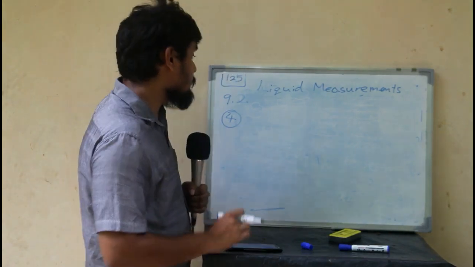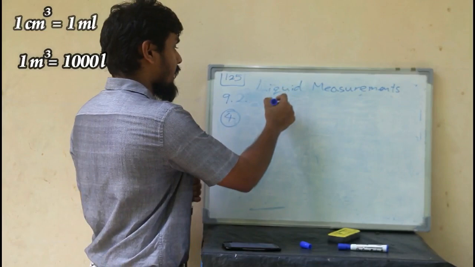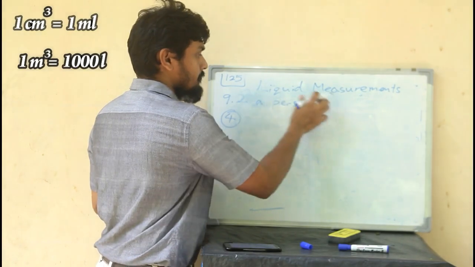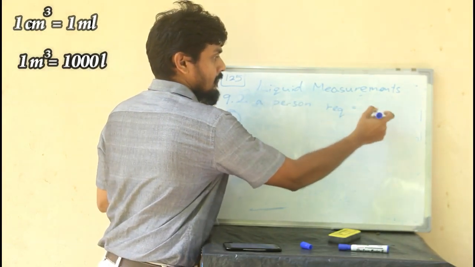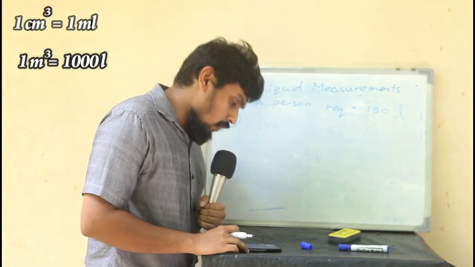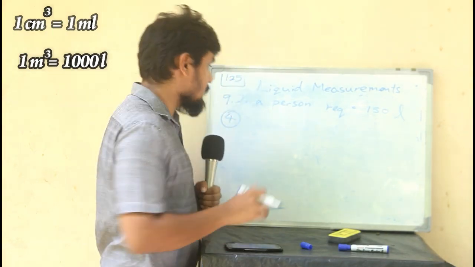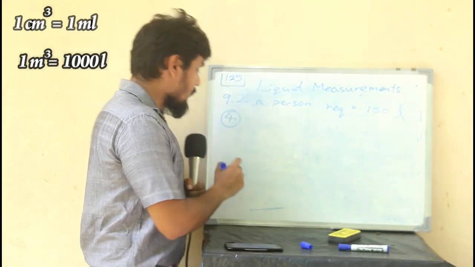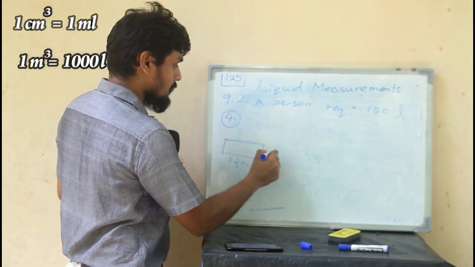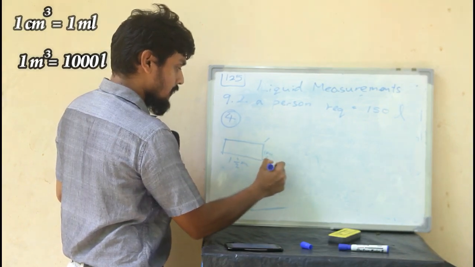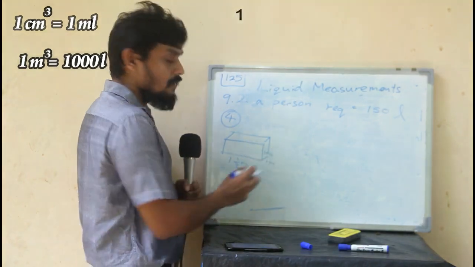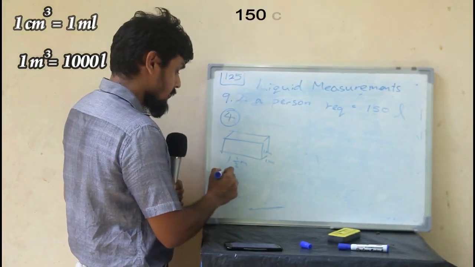Right, let's start. A person requires 150 liters per day, right? The cuboid tank is 1.5 meters, 1 meter and 1 meter in length, breadth and height.